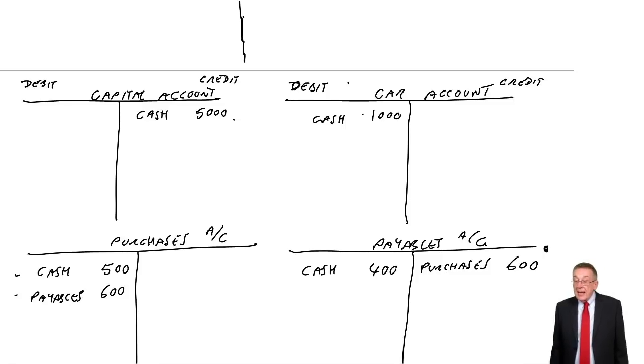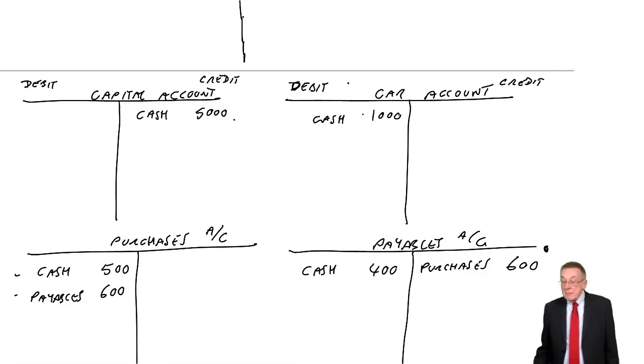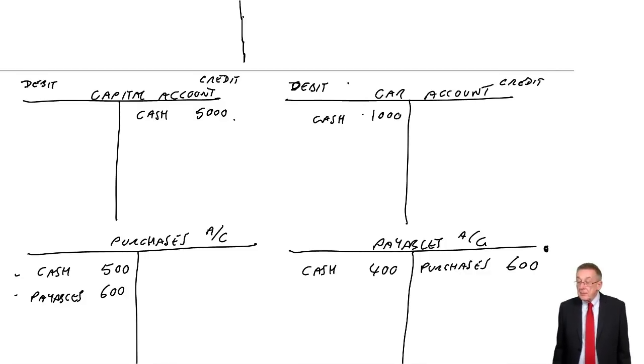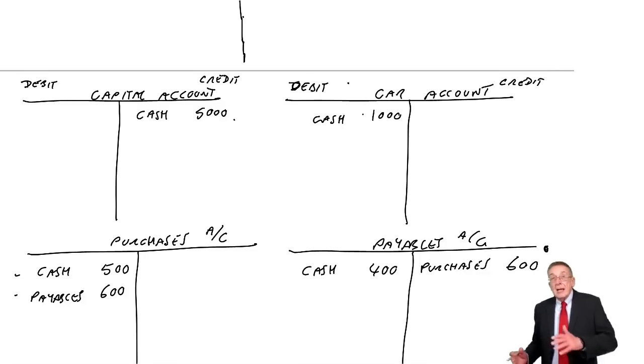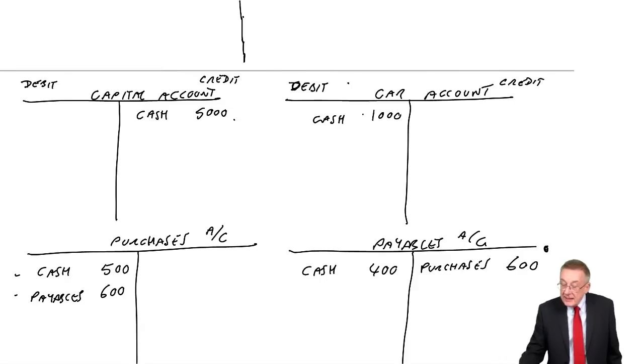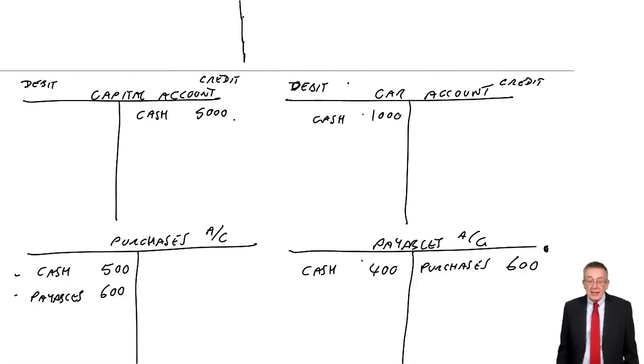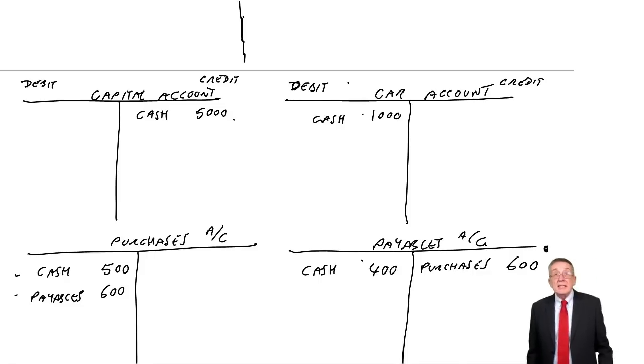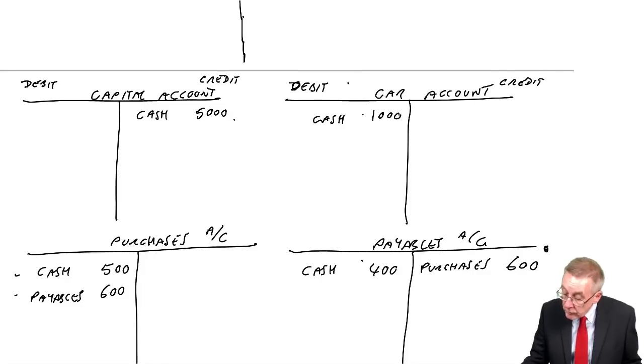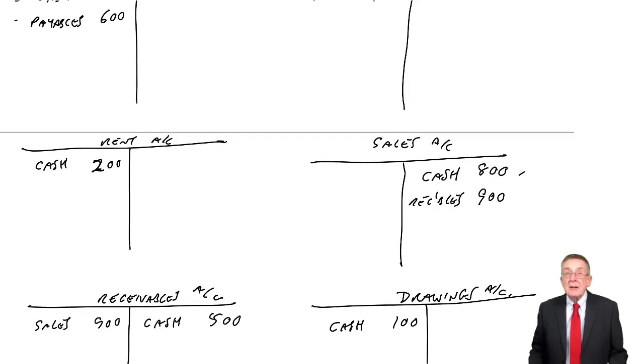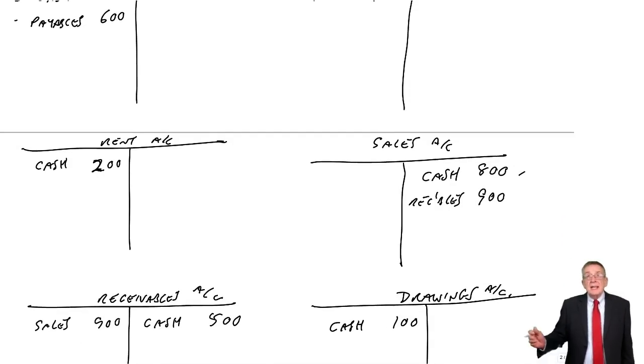Or a decrease in a liability. We owed money to payables, we bought goods. When we paid them, we debited payables. It decreased the liability. Or an item of expense. Rent was an expense. We paid rent, credit cash, we debit rent.